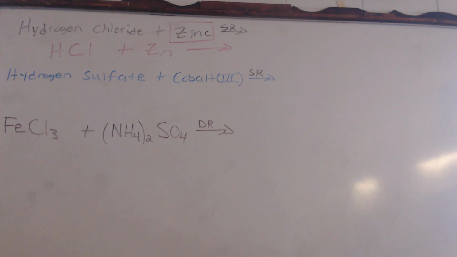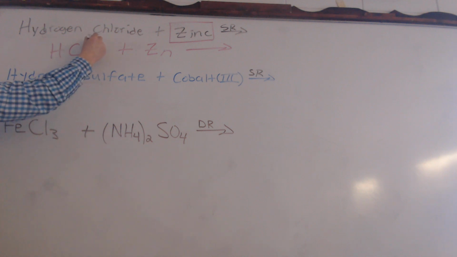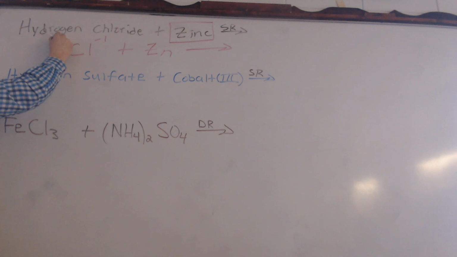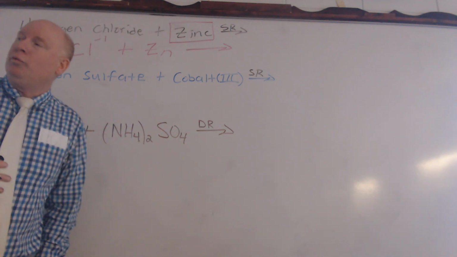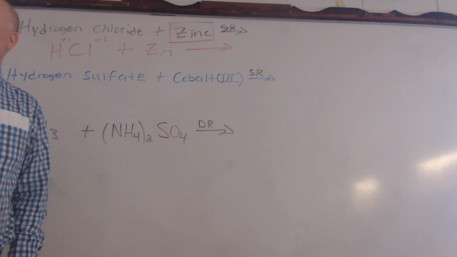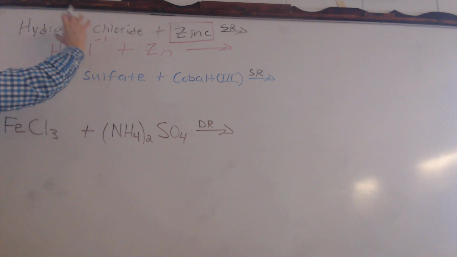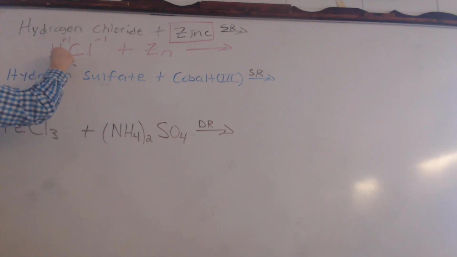Okay. So, is this compound balanced out? What's the charge of chlorine? -1. What's the charge of hydrogen? +1. Those add up to 0, correct? So when we say single replacement, what did your paper say? You have a lone element that replaces another element in a compound.